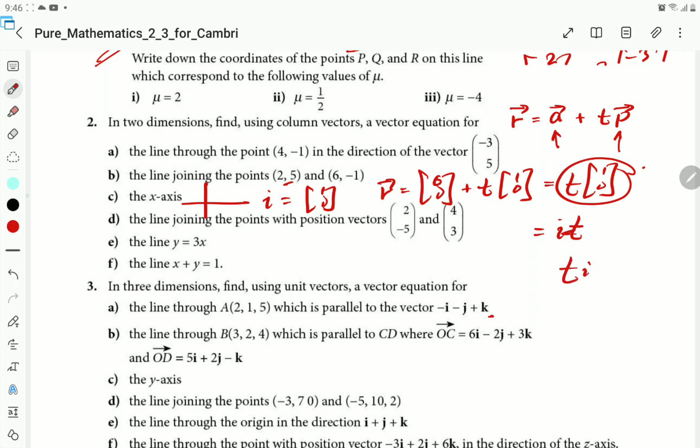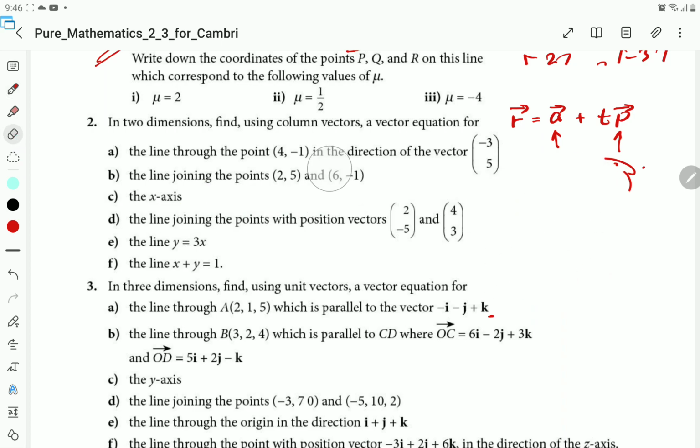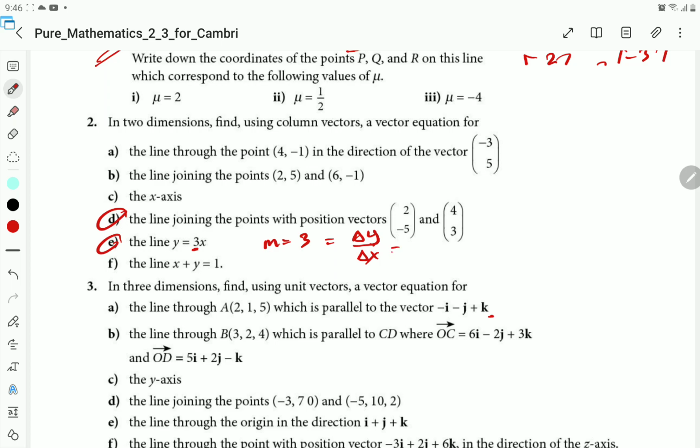And then the line joining the points, no? Again, it is just the same. The line y is equal to 3x. Take a look, the gradient here is equal to 3, but the gradient is equal to delta y over delta x. So therefore, this is just the same as 3 over 1.